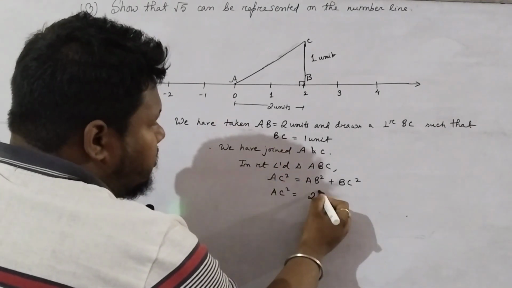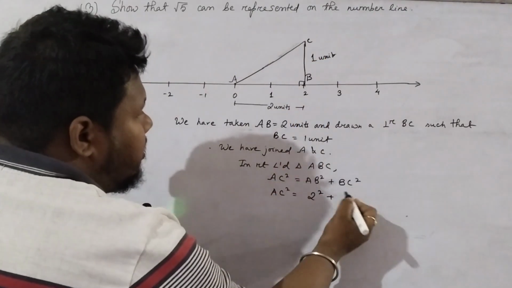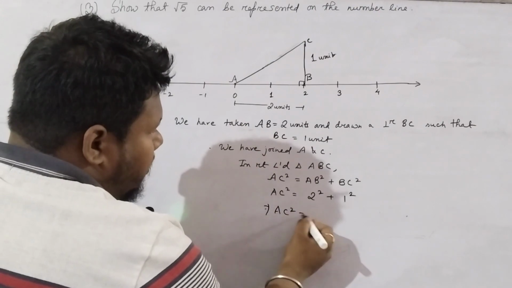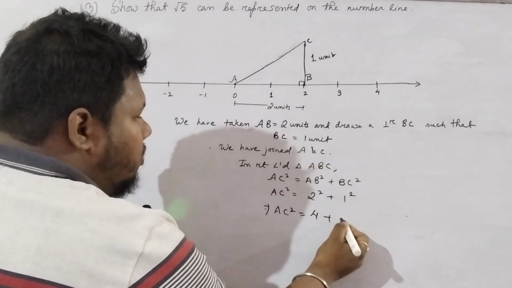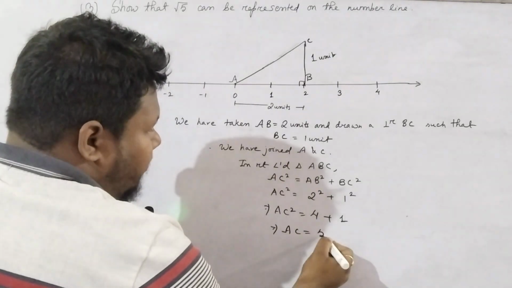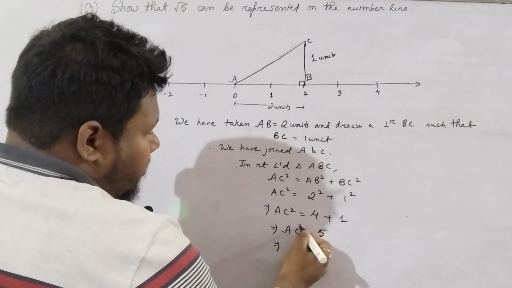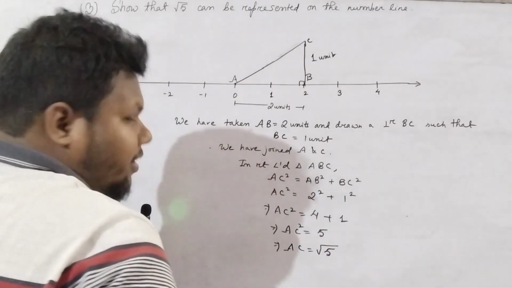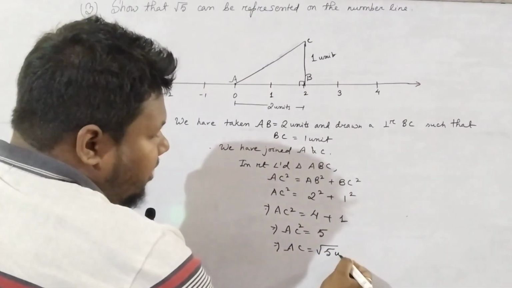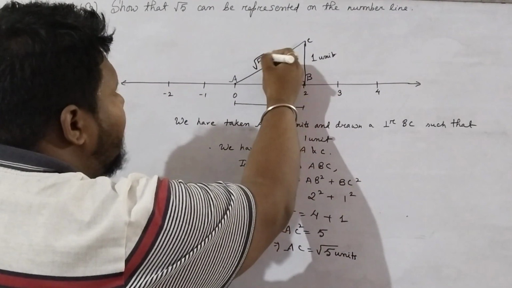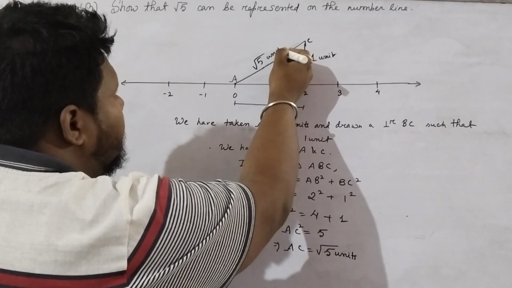AB is 2 units, so 2 square, and BC is 1 unit, so 1 square. 2 square is 4, 1 square is 1, so I got 5. Now if I send the square to the other side, I will get root over 5, right? So AC represents root over 5 units.